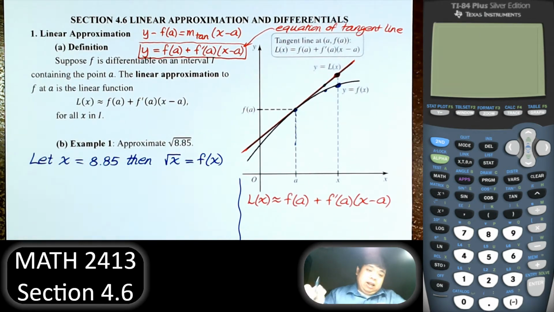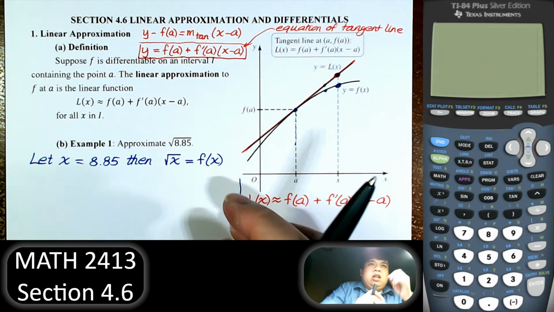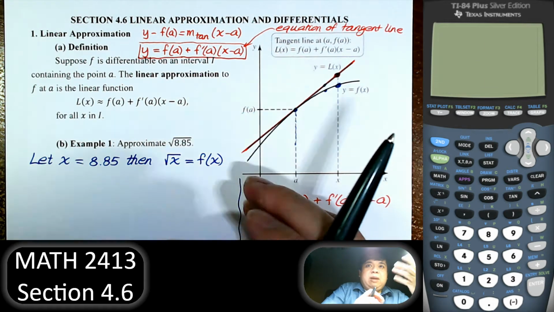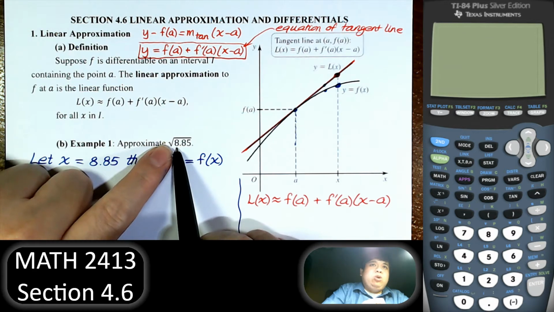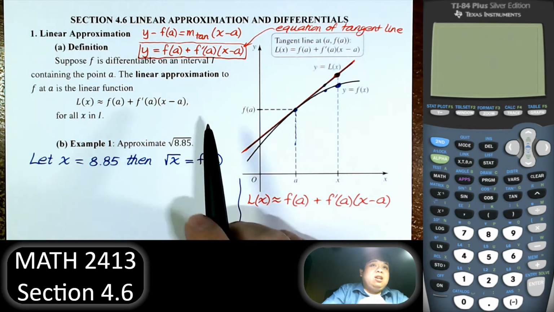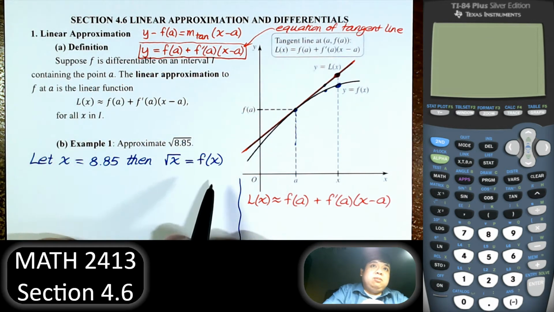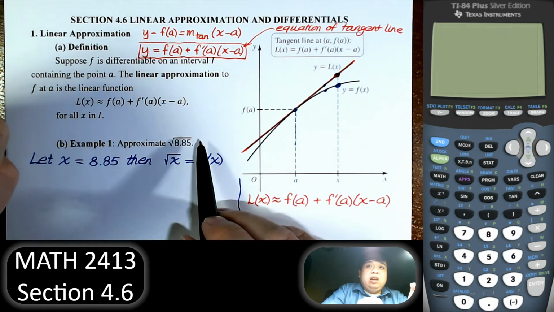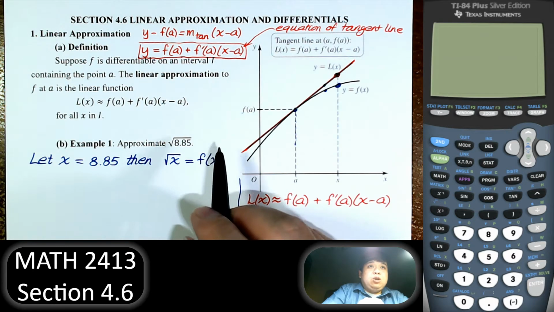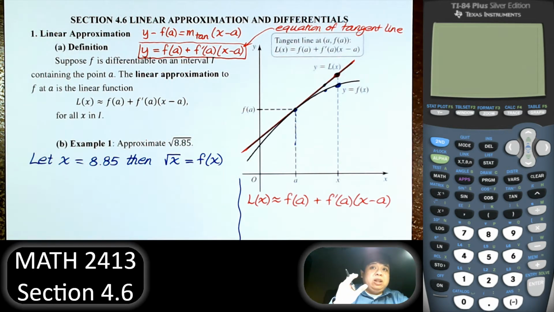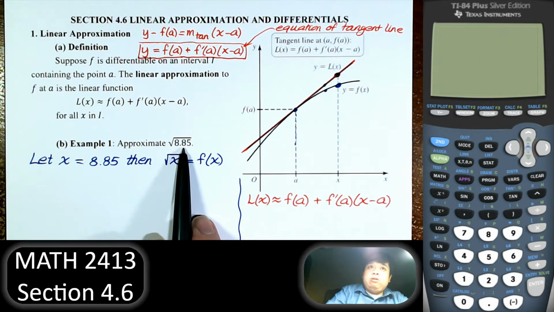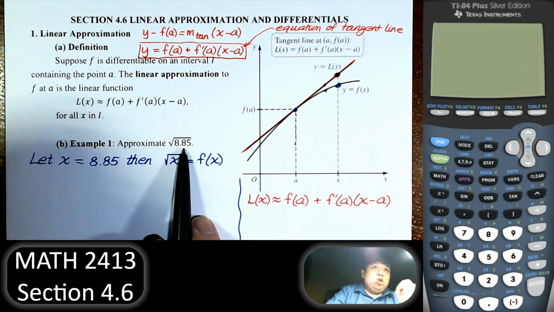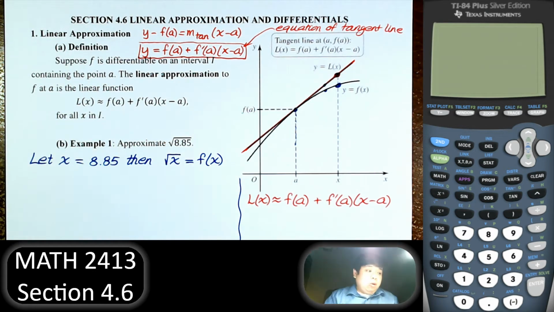Now, linear approximation, just like any approximation. Let me ask you this. If I ask you what is square root of 8.85, if you have to guess, what will be your answer? I hope that you will see that 8.85 is close to 9. So square root of 9 is 3. So the answer is about 3, a little less than 3. So that actually is not a very bad approximation, because 8.85 is very close to 9. So if we use 9, that's a very good approximation.